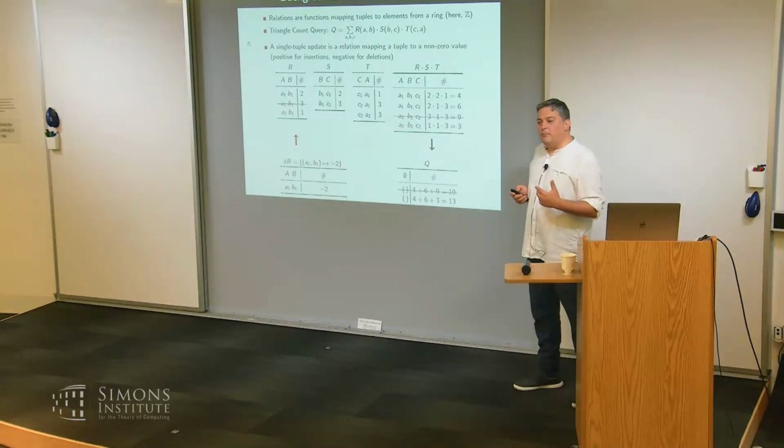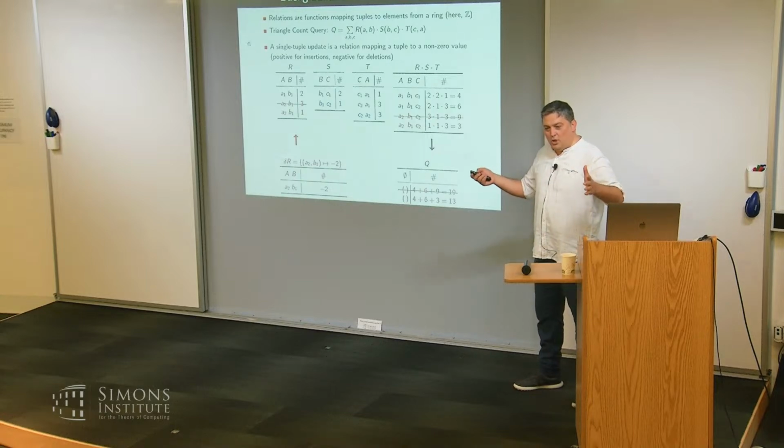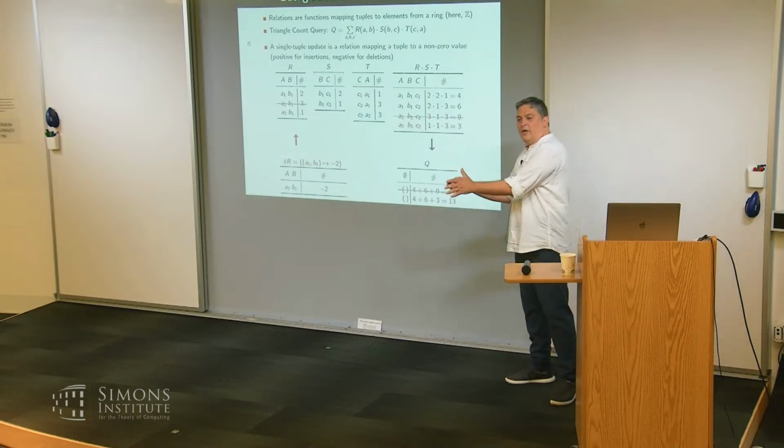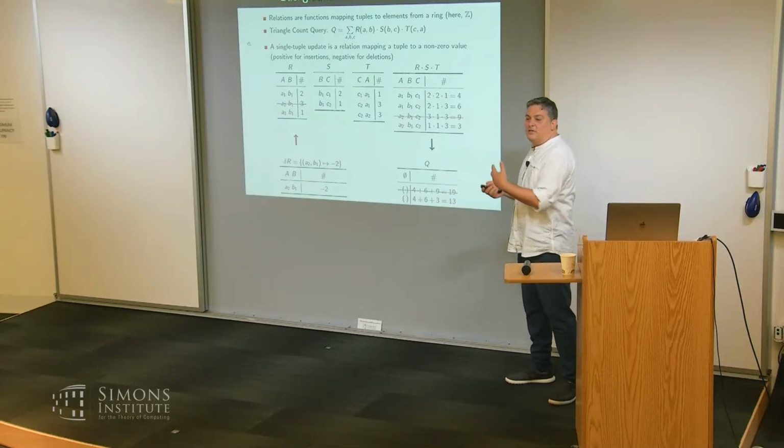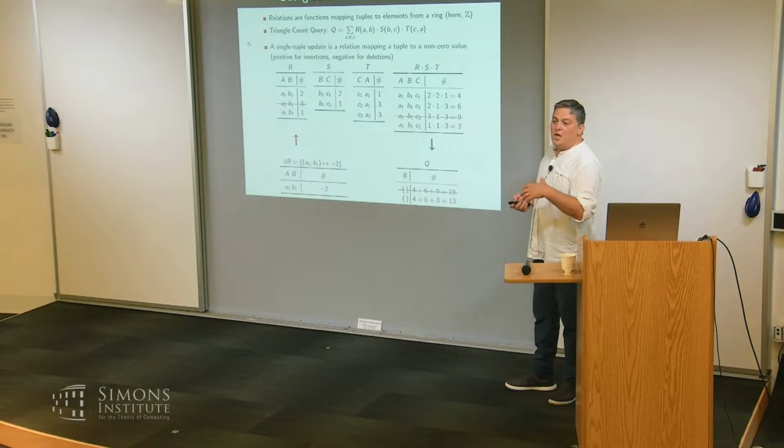What is the benefit? The benefit is that you can allow basically for updates to come out of order. And if you have a batch of them, you allow all of them to be executed, and only at the end of the execution, you look, and basically the interpretation is that whatever has a strictly positive multiplicity is considered in the database. Whatever doesn't have is not in the database, right?